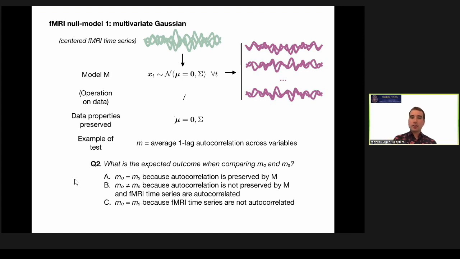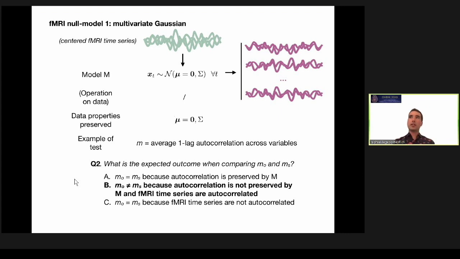Here the trick is to notice that the generated surrogates have absolutely no autocorrelation because the successive time points are generated independently from each other. So the correct answer is B, right?